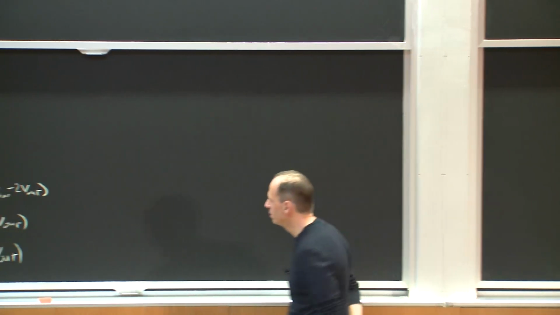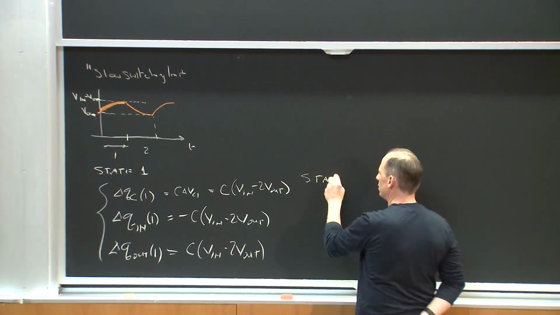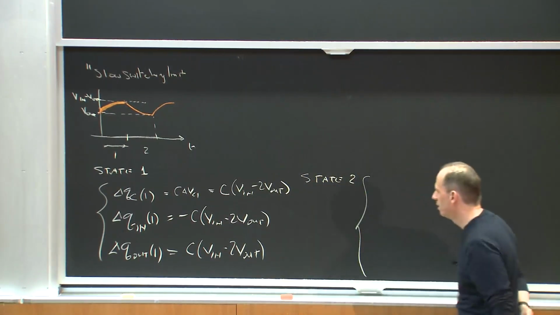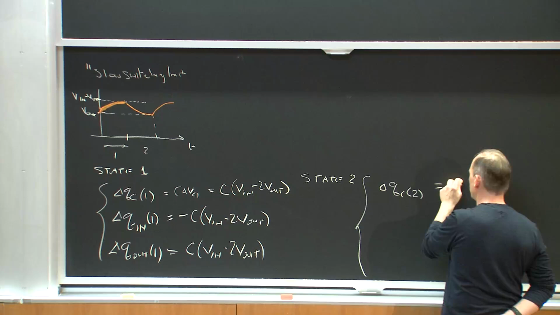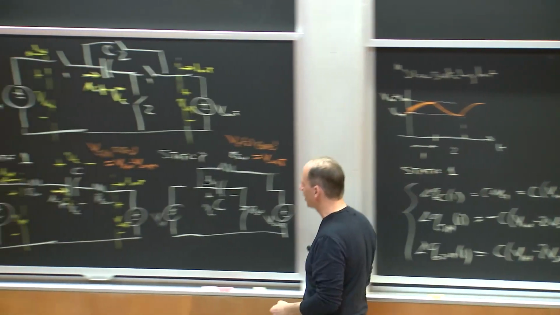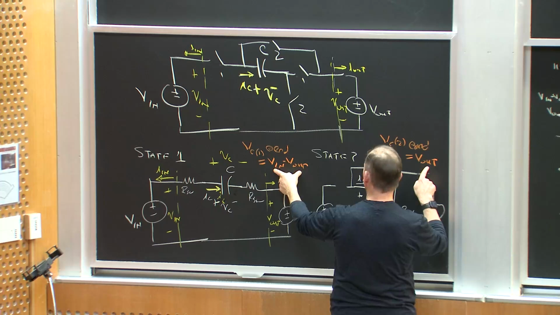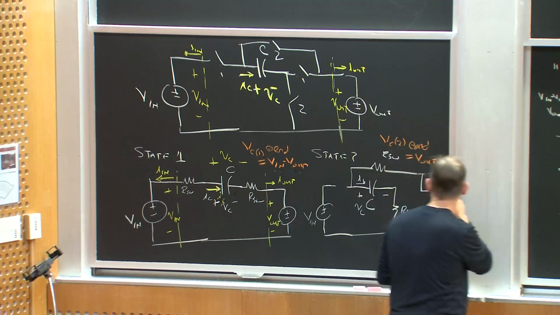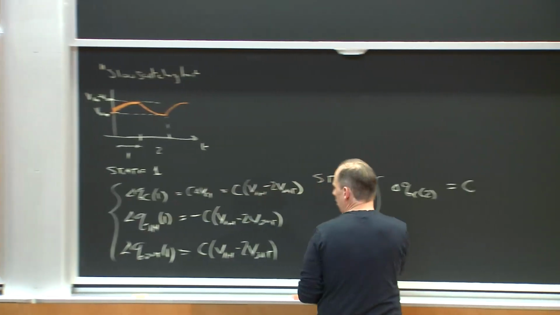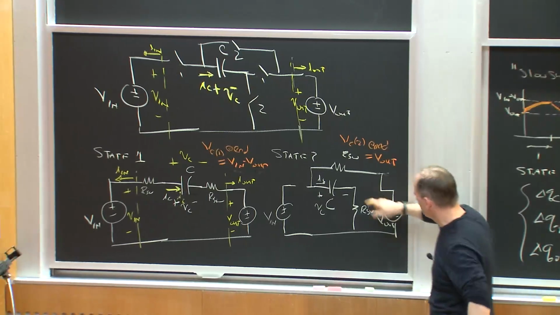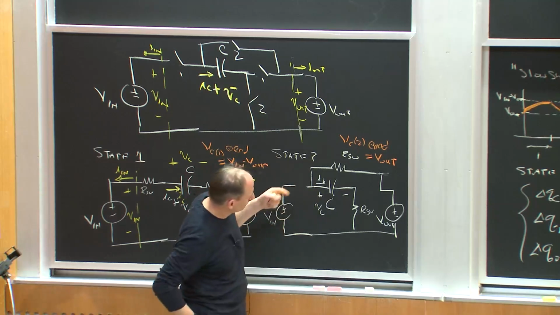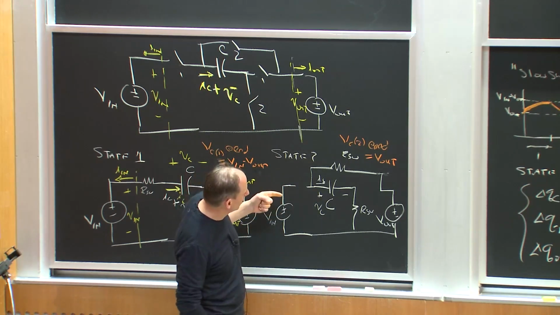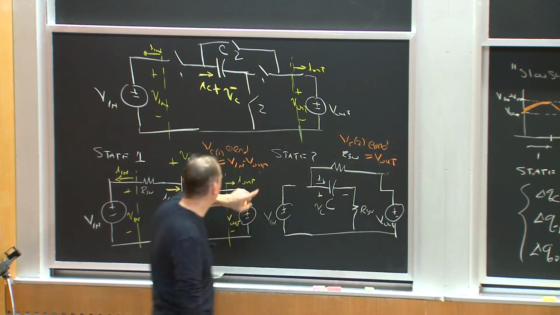Let's think about state 2. Delta QC, how much charge goes on the capacitor in state 2, is equal to C delta V. In state 2, I started at V in minus V out and ended at V out.